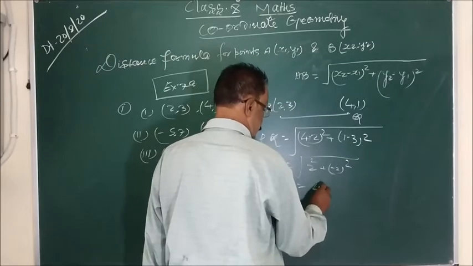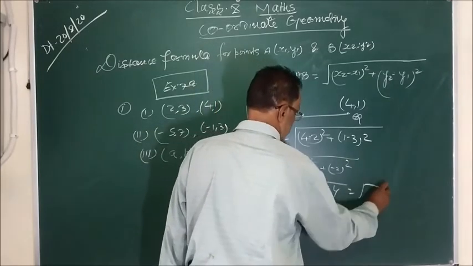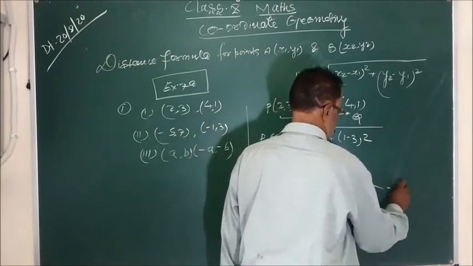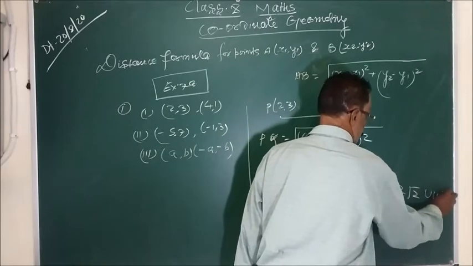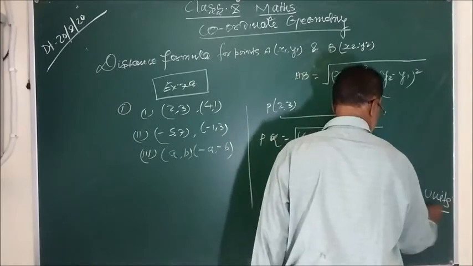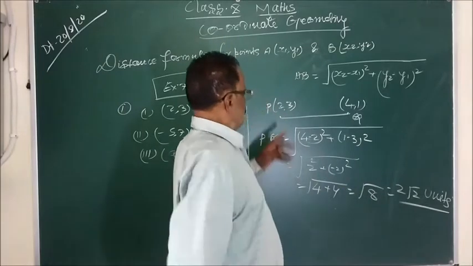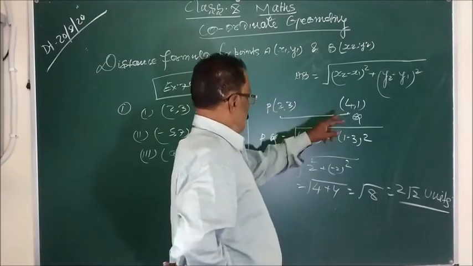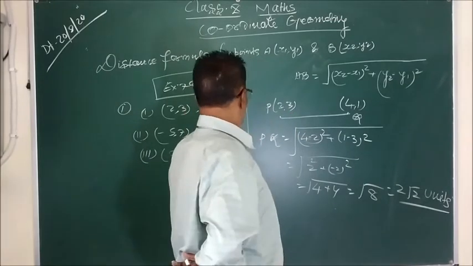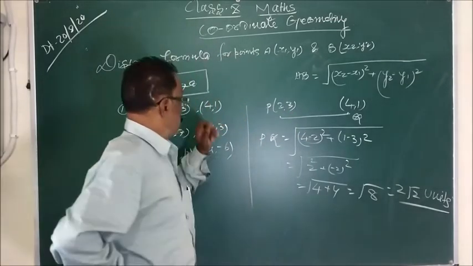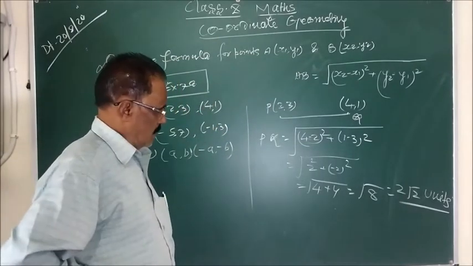So this will be 4 and this will be also 4. And this will be root 8, and simplest will be 2 root 2. And there are no definite units, so we can write units. So this is the solution of question 1: find the distance between 2 points whose coordinates are 2, 3 and 4, 1.